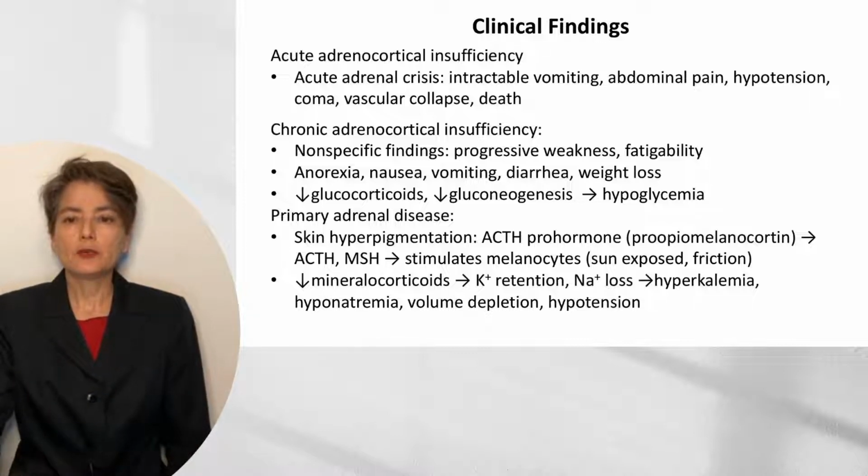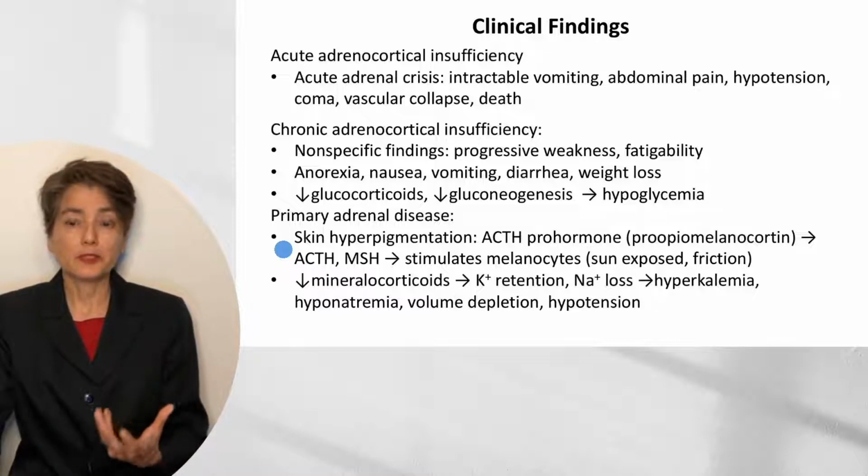And what will happen, as you'll recall, is this ACTH prohormone, pro-opiomelanocortin, or POMC, can be cleaved to form ACTH and melanocyte-stimulating hormone, which is going to do what? Stimulate melanocytes. And this is going to cause skin hyperpigmentation or bronzing, of the sun-exposed skin in areas where there's friction.